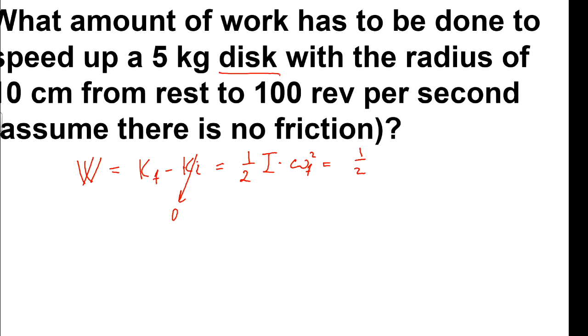I've seen many times people write 1/2 and then mr squared, omega final squared. What is wrong with this expression? The moment of inertia of a disk is indeed 1/2 mr squared. Nothing wrong about this.